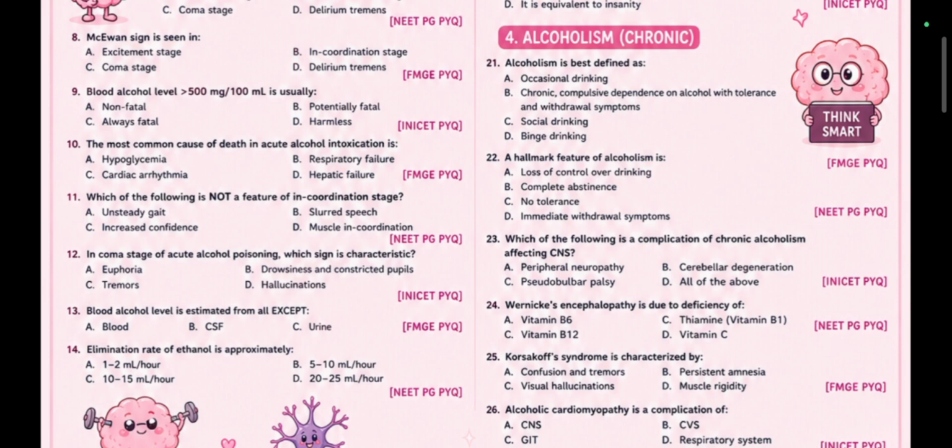So for them, 500 mg is not enough. This range is very high for normal people, but for chronic alcoholic persons, it is not a fatal range. So the answer would be potentially fatal.